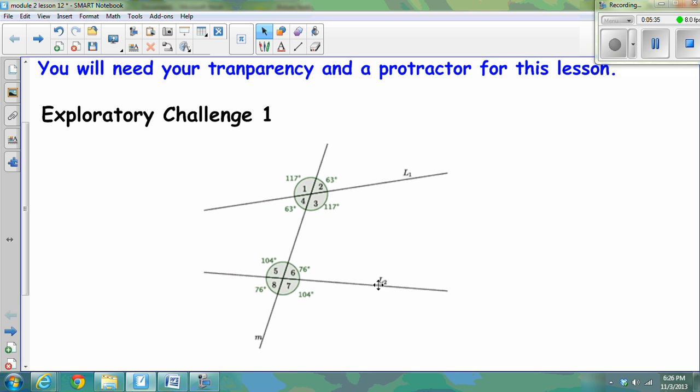Well, you should notice that 4 and 8 are corresponding because they're on the left side of the transversal, and they're in the bottom left corner of the circle of four angles. What other angles are on the same side of the transversal in the same position? Well, you should see that 2 and 6 are corresponding. They're in the top right, and 3 and 7 are corresponding. They are in the bottom left.